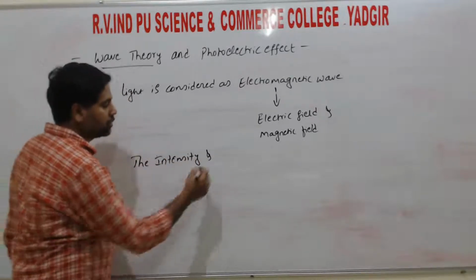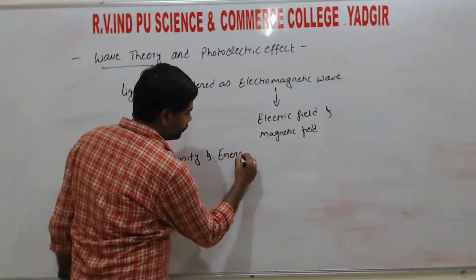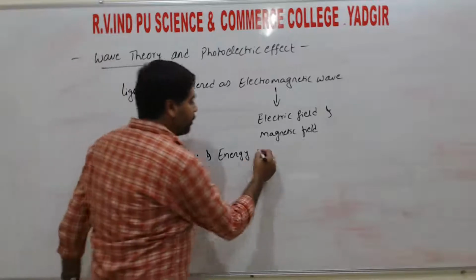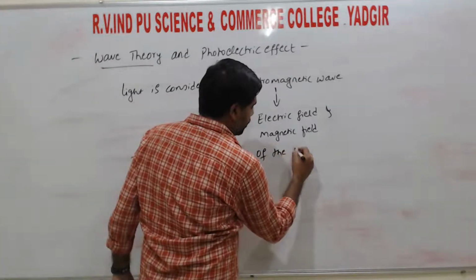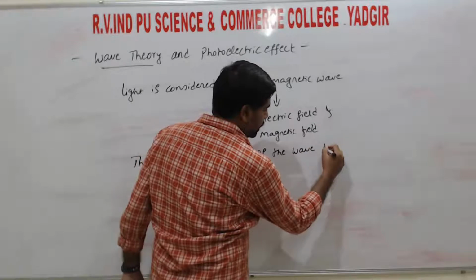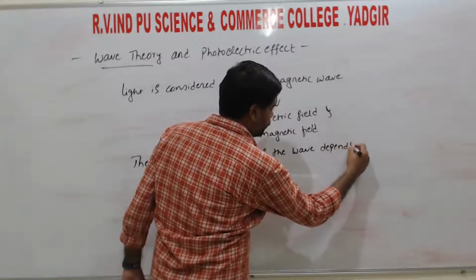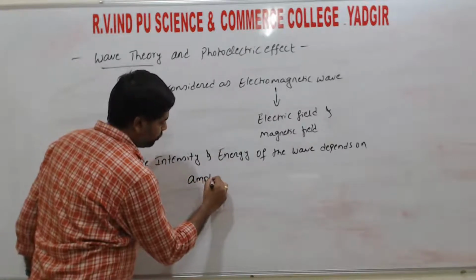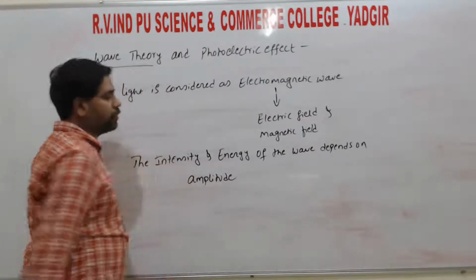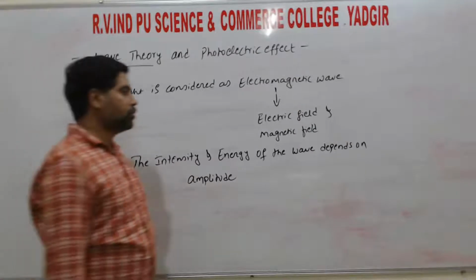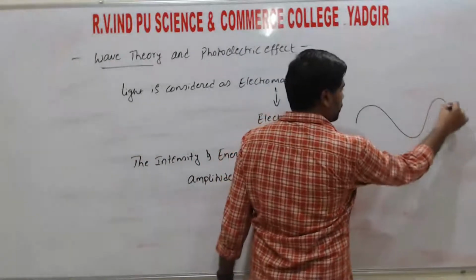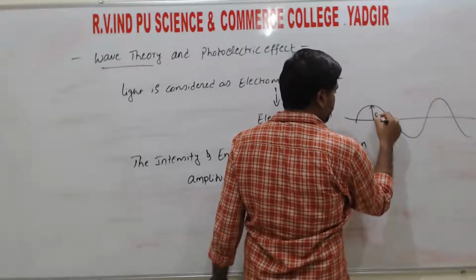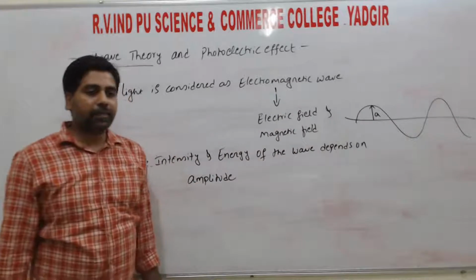The intensity and energy of the wave depends on the amplitude, right? So this is the form of the wave, and this wave has the amplitude, we call that A, right?